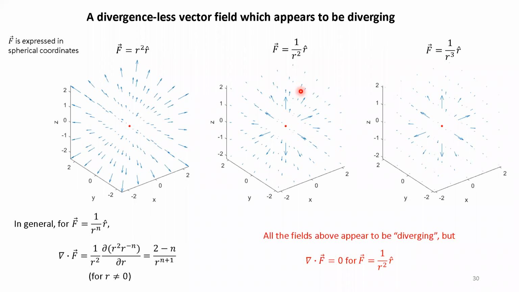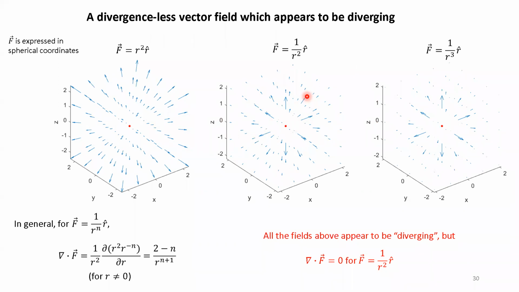So now the question is how do we make sense of it? By our eye, it seems that all the fields are diverging, right? All the vectors are pointing out from the origin. But specifically in this case, the divergence of the field is 0.